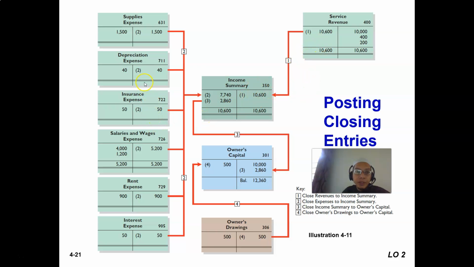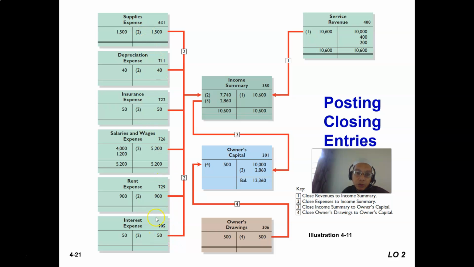Okay, and then we have all of the individual expense accounts. All of them have certain debit balances. So to close those accounts, we will credit those accounts. Here we have an original balance of 1,500. To close it, we credit 1,500 here, 40 here, 50 here, 5,200 here, 900 here, and 50 here.